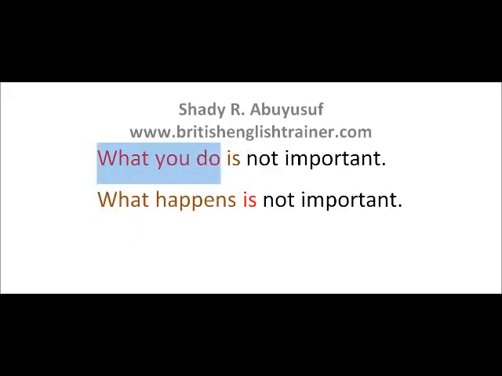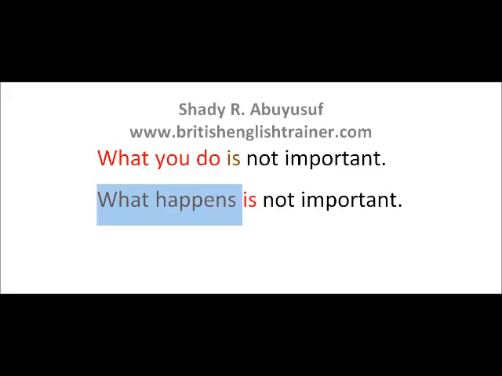But there is a big difference between these two noun clauses. In the first one we've got what, which is a connector, we've got you, which is a subject, and we've got do, which is a verb. But in this one we've got what, which is a connector, and then we've got happens, which is a verb. So where is the subject?